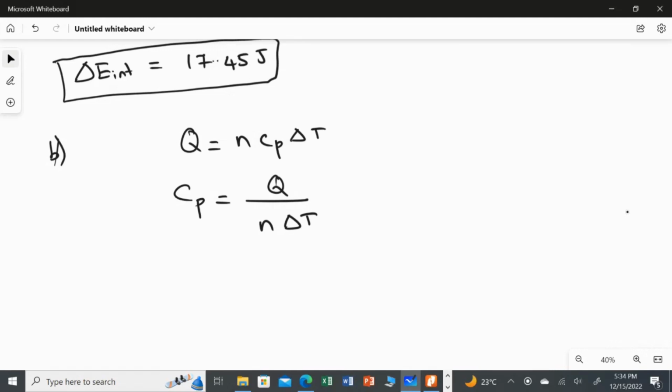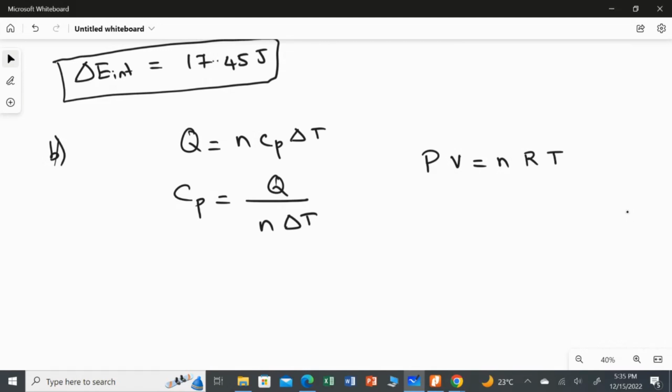Now we have the value of the heat energy as 22.5 joules in the question, and the number of moles is also given. But the most important thing, the delta T, is not given in the question. But they gave the information that the gas supplied with the heat energy is an ideal gas. So I'm going to use the ideal gas equation, which is PV equal to nRT.